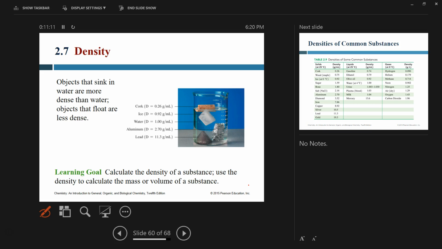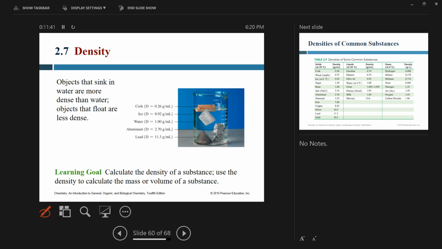Now the last thing that we're going to discuss today is density. It kind of falls into the category similar to concentrations. And I find sometimes that this concept starts to be confusing: what you need to divide by what, what to multiply by, to find mass or volume, density.